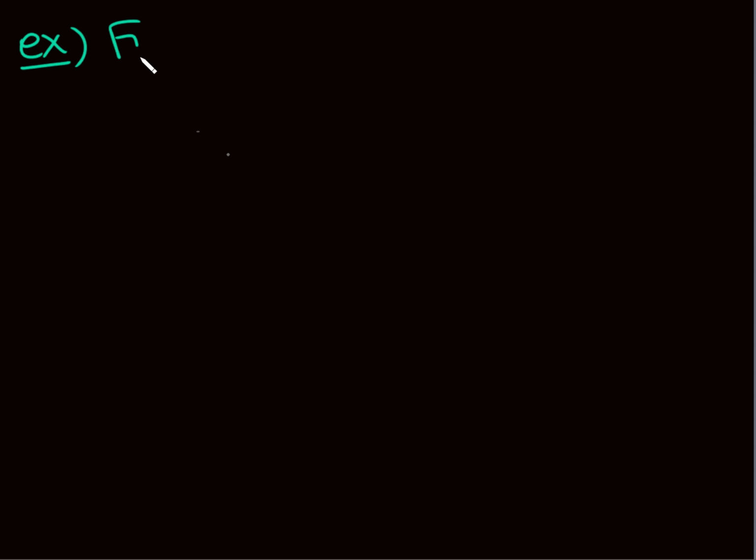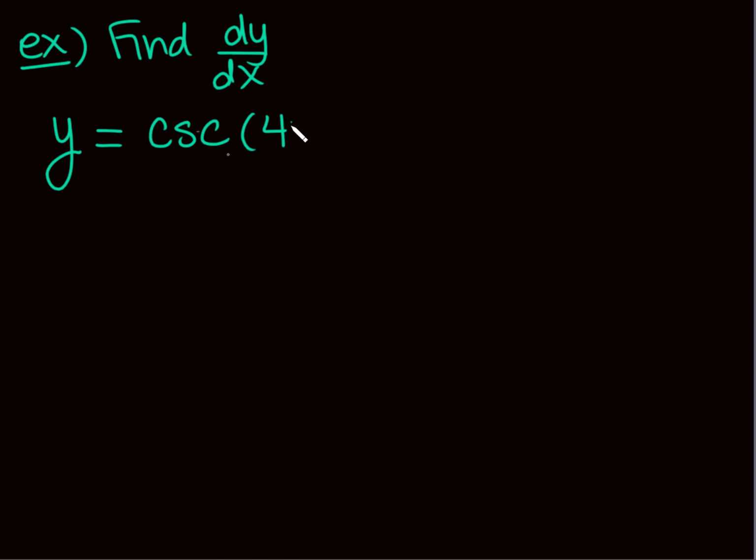Maybe. Find dy dx. So now you can use either notation. What if I had y equals, let's say, the cosecant of 4x squared? I want to look at this one in terms of dy du really quick, because I'm going to let u equal 4x squared.